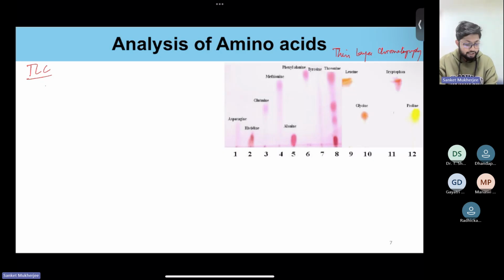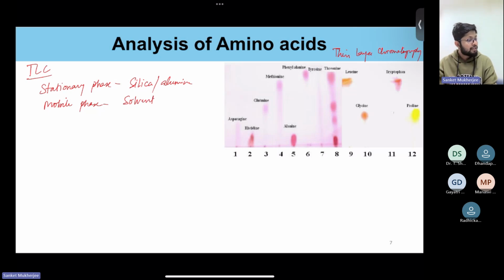Here is a stationary phase, which is either silica or alumina, coated on glass or aluminum foil. And then there is a mobile phase, which is usually a solvent. Ethanol could be the solvent, and there could be other solvents.